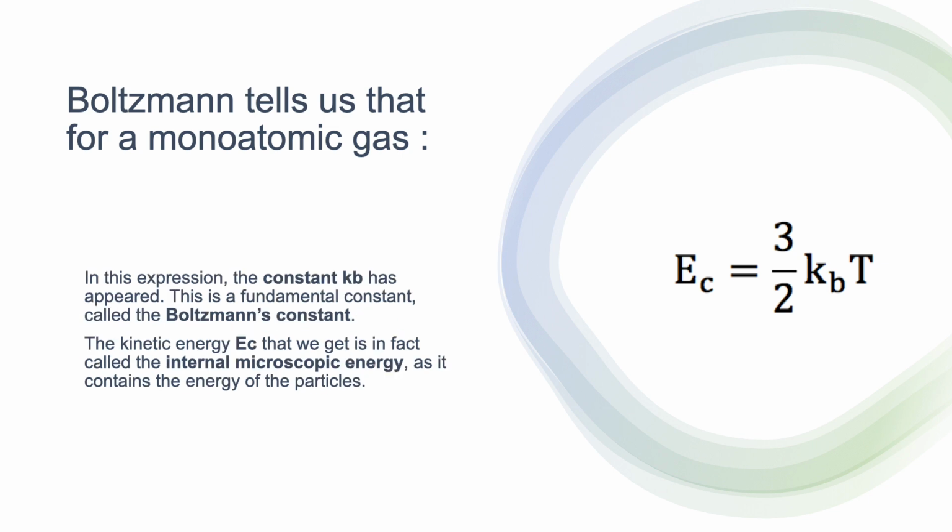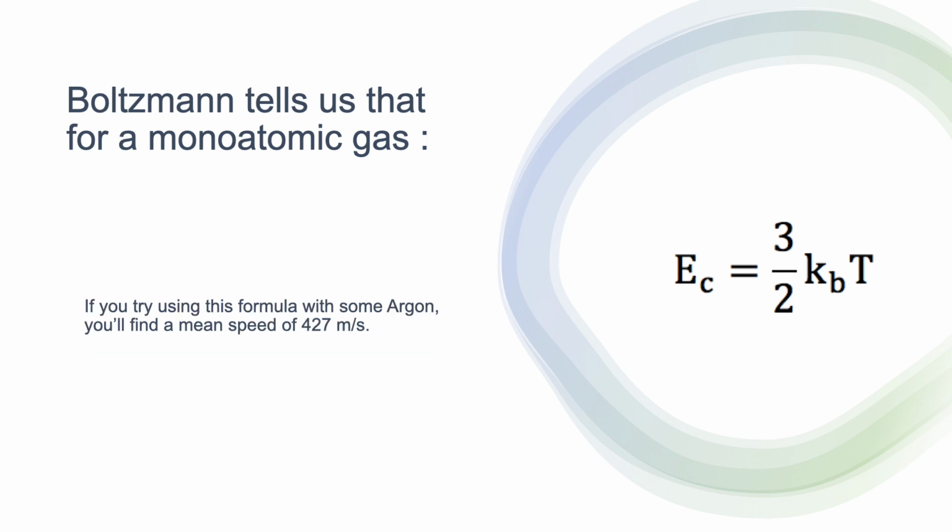So this KB is a fundamental constant, the Boltzmann constant, and EC is the internal microscopic energy that contains the energy of the particles. If you use this formula for some argon gas, you'll find a mean speed of 427 meters per second, for example.